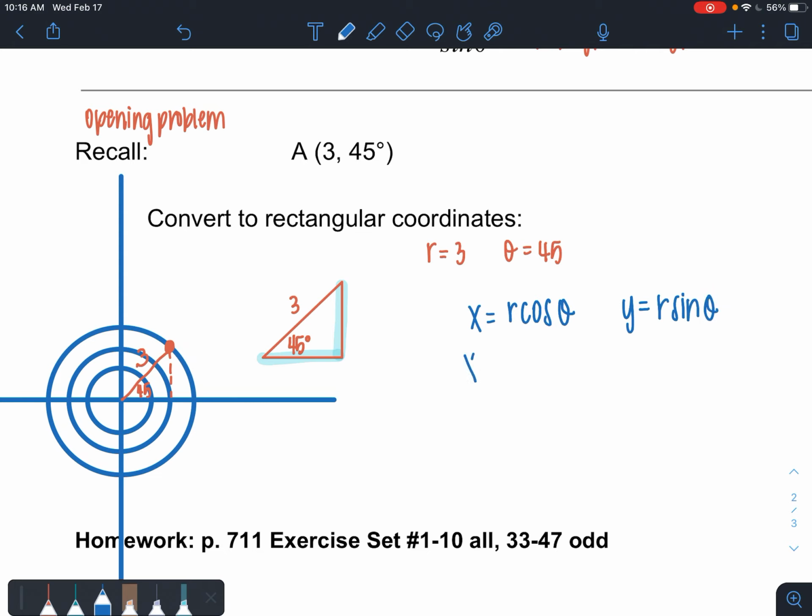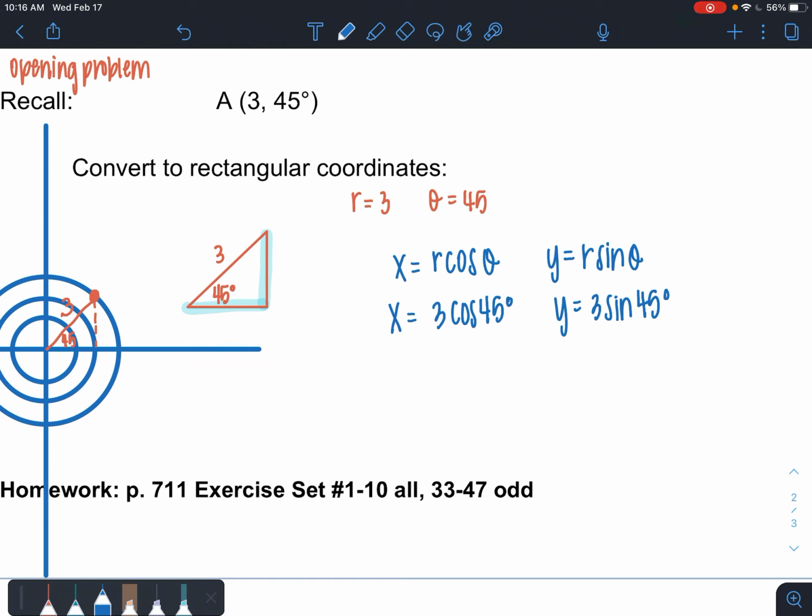It's just a plug and chug. X is equal to 3 cosine of 45, and y is equal to 3 sine of 45. We do want to simplify that. Cosine of 45 is equal to radical 2 over 2, so x is equal to 3 radical 2 over 2.